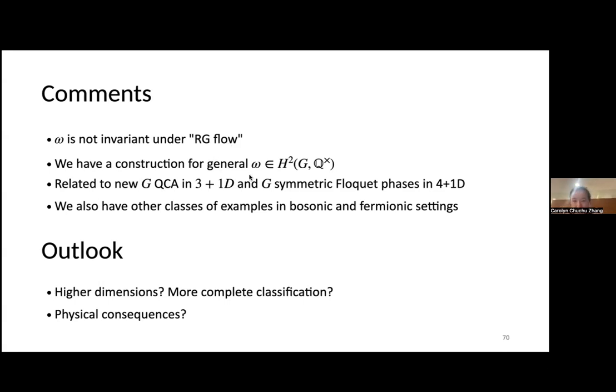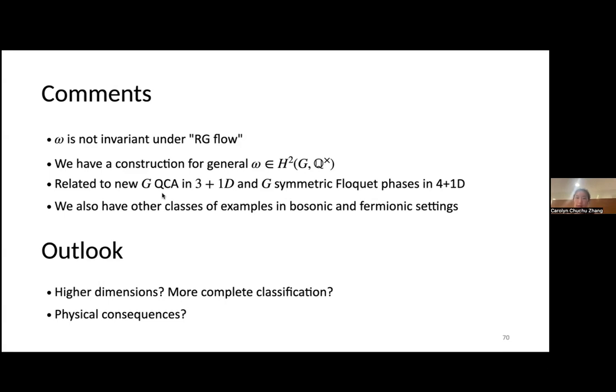We also have a construction. I gave you a particular example where G is equal to Z2, but we also have a construction for a general second cohomology class, a general two cocycle, given any input G. And then we also have a construction of a 3 plus 1D QCA. As I mentioned, a QCA is a locality preserving unitary modulo finite depth quantum circuit.